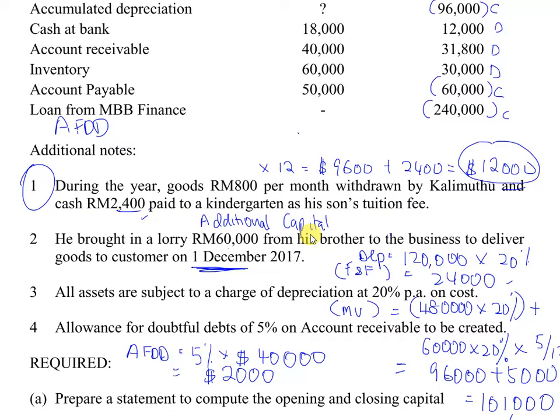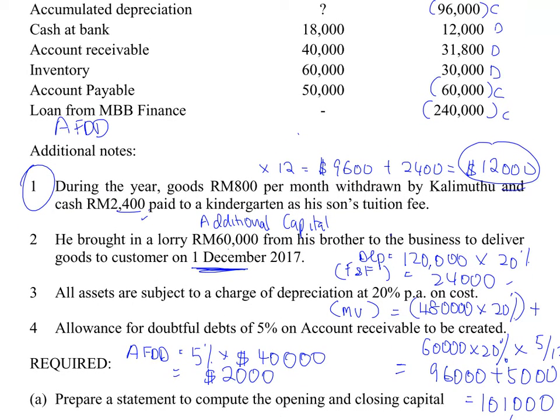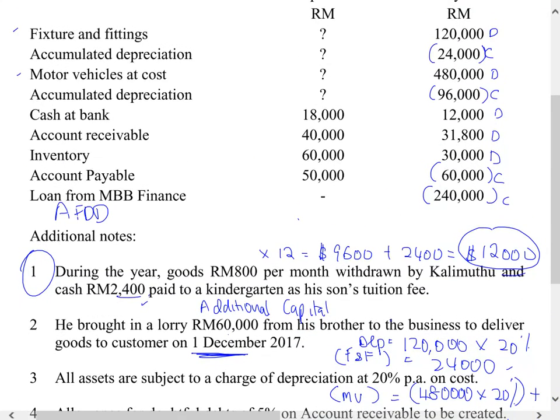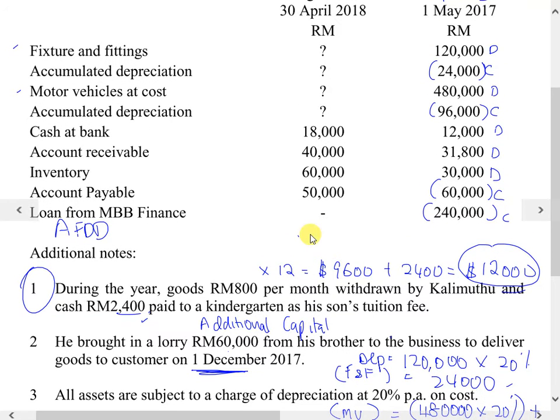Number 2. Kalimoto brought in a lorry. He brought his own lorry into the business, 60,000. When? 1st of December. Where's my year end? My year end is April. I bring in 1st December.